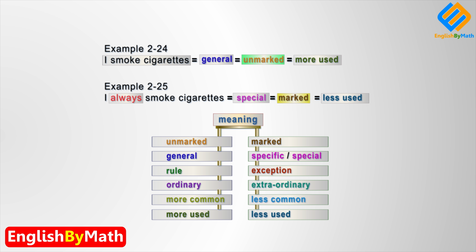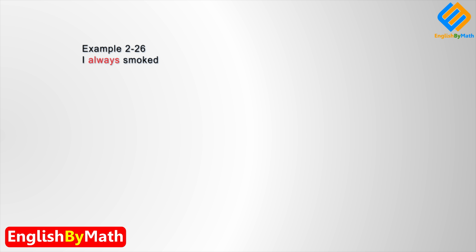We can also use the frequency words in the past and the future, but the meaning will be extra marked. I always smoked, marked. The speaker in 226 was a heavy smoker, but he stopped smoking. The speaker can use 226 with a friend or relative who is a smoker to encourage him to quit smoking.